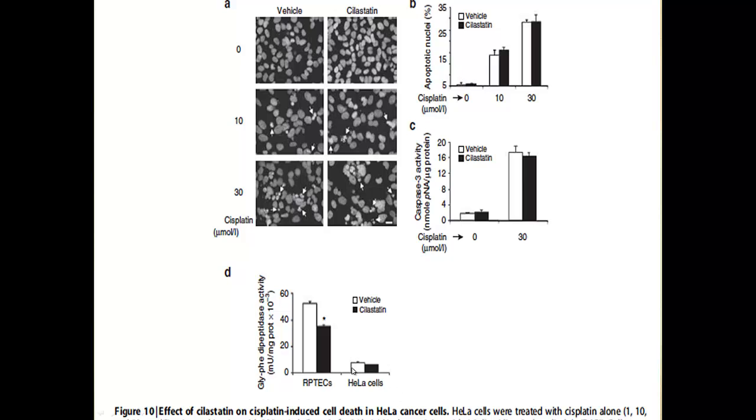In fact, when cisplatin was used alone here versus when cilastatin was added, you can see the anti-neoplastic effects were nearly the same. Versus in RPTEC cells, which are the renal proximal tubular epithelial cells, you can see that when cilastatin was combined with cisplatin, there were fewer cells dying as compared to when the vehicle alone was used, which is cisplatin.